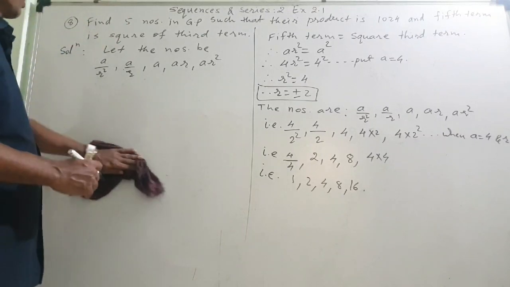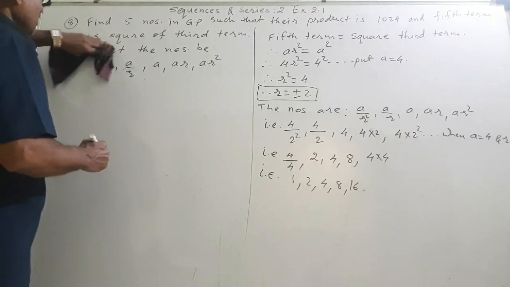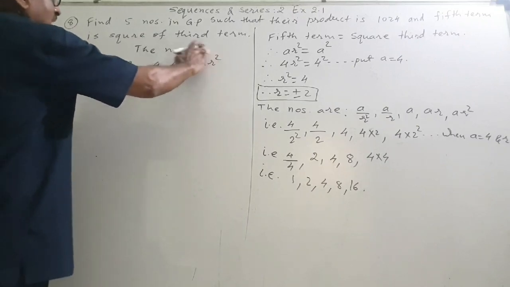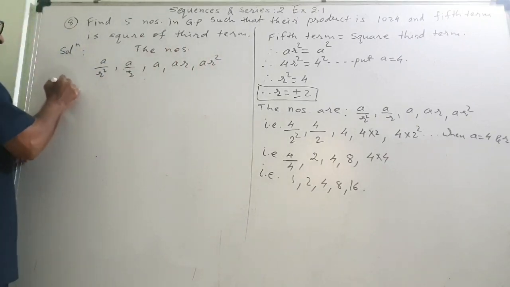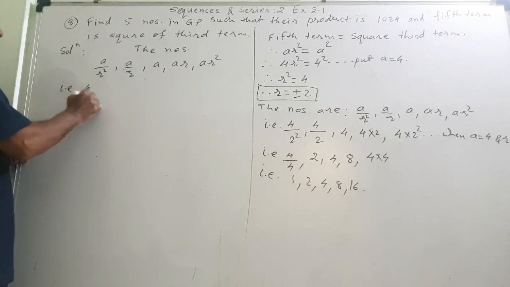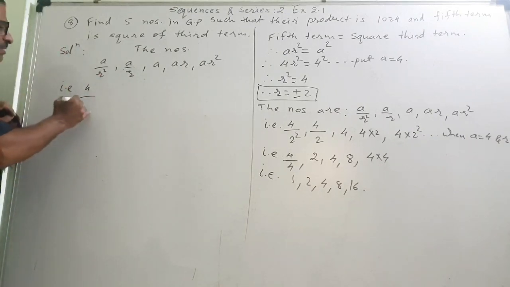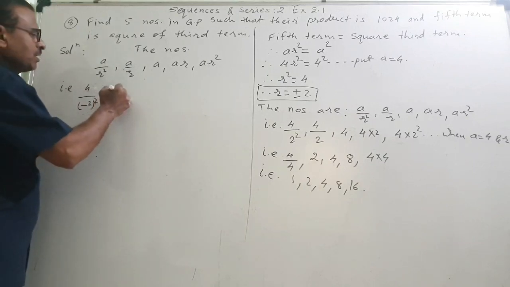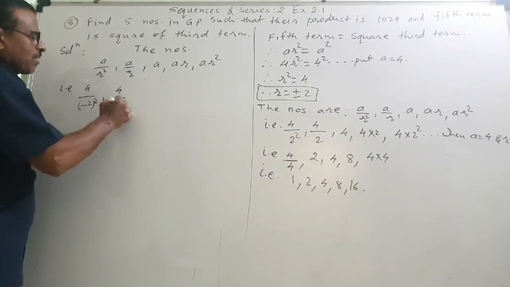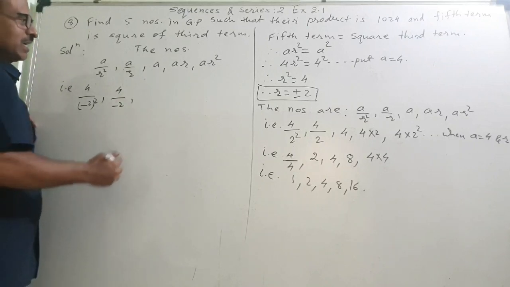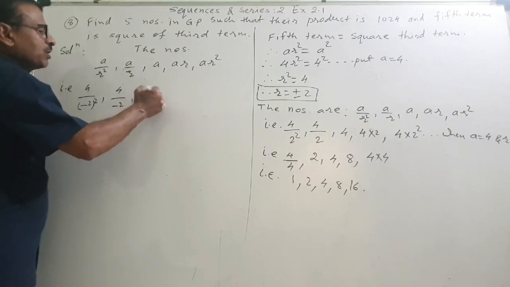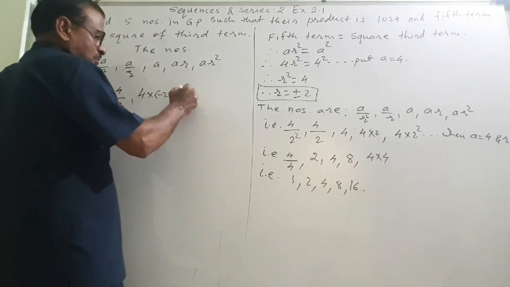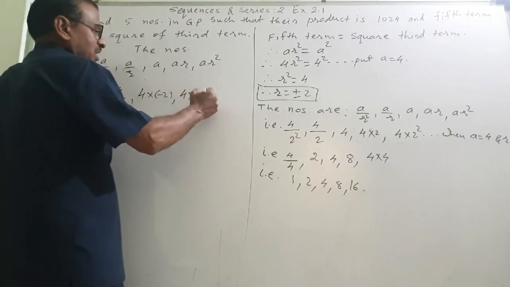So now I will take r equal to minus 2. The numbers are, that is, a means 4 upon r square means minus 2 square, comma. 4 upon minus 2, comma. Then 4 into minus 2, comma. 4 into minus 2 square.